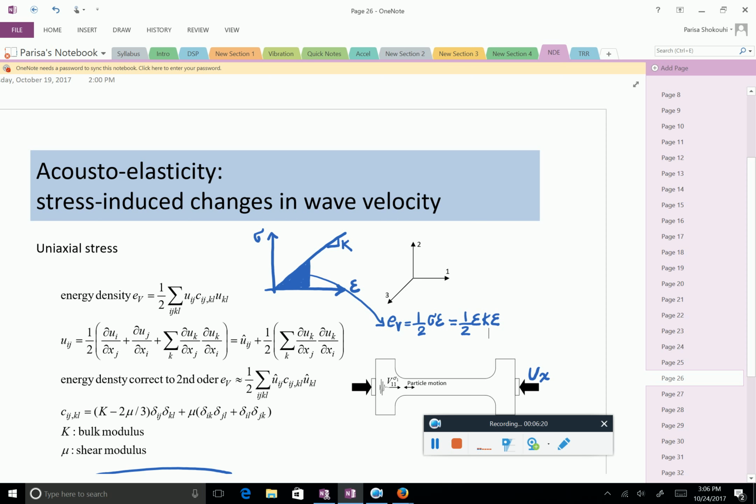And if it changes, how would it change with changes of strain? Is this clear?